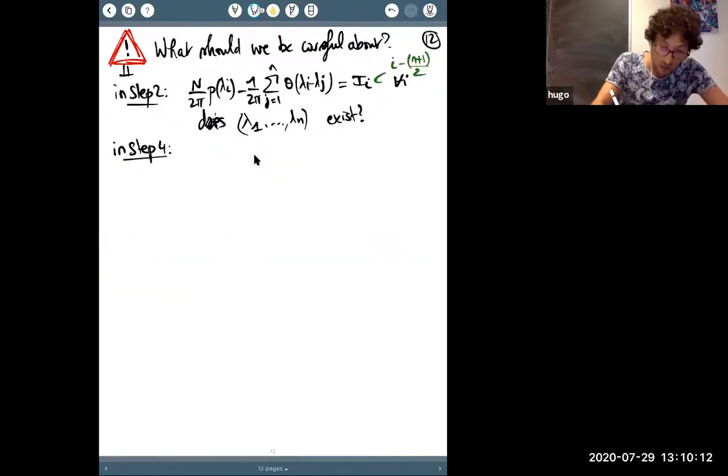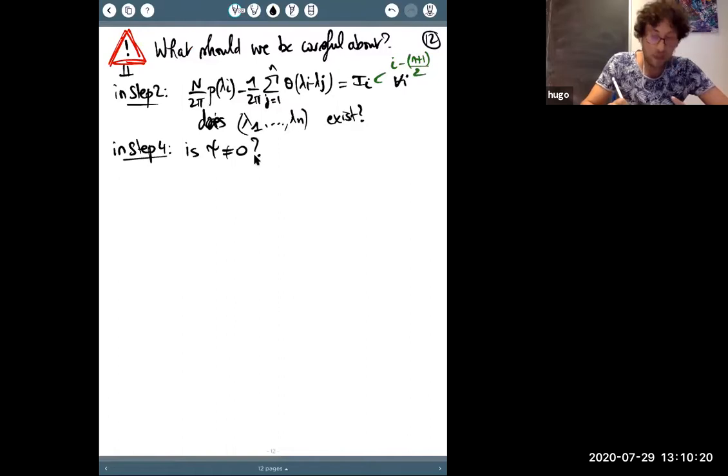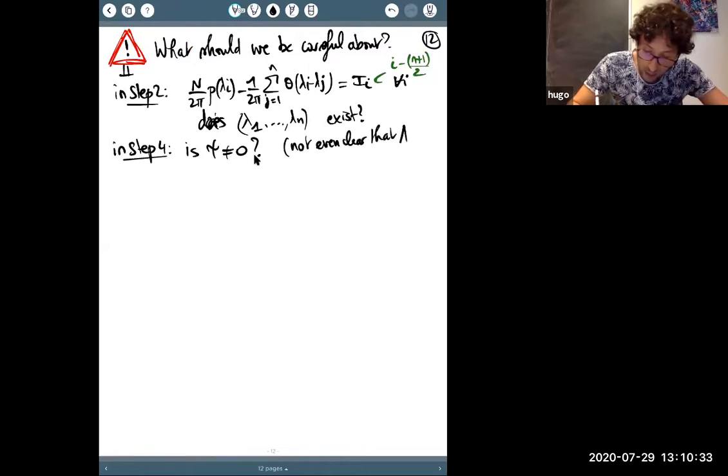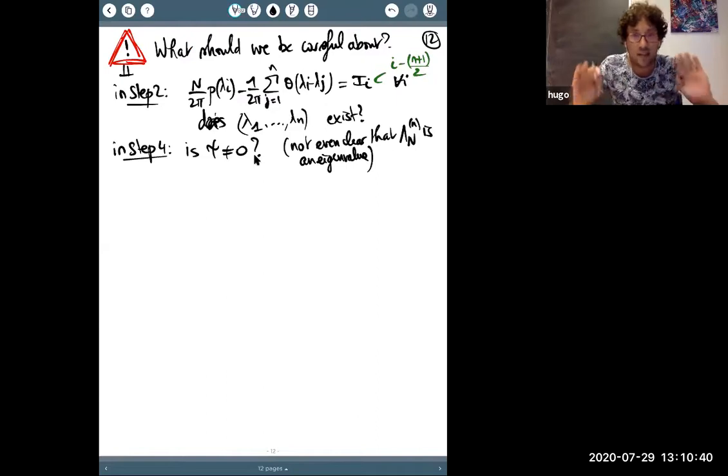Well, let me even remind you that it's not clear that psi is non-zero. Because if psi, given by the Bethe ansatz, happens to be identically 0, then it's not even clear that lambda capital N is an eigenvalue. Put aside the fact that it's a Perron-Frobenius eigenvalue, it's not even clear it's an eigenvalue at all. You need to prove that psi is non-zero.